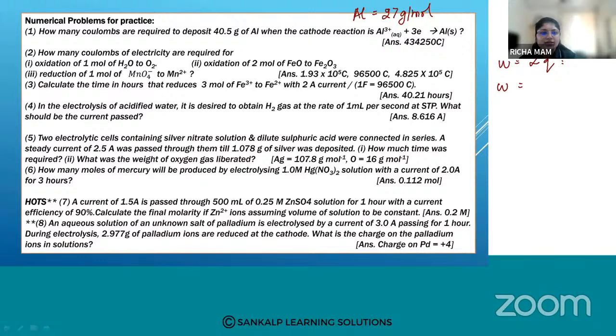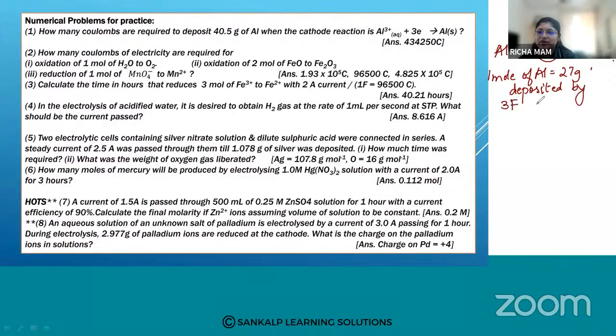Wait, I'll write it stepwise. So Al3+ plus 3 electrons will give you Al, right? So 3 electrons are used. So 1 mole of Al is nothing but 27 grams. So 27 grams of Al is deposited by how many electrons? By 3F, 3 Faraday of electricity.